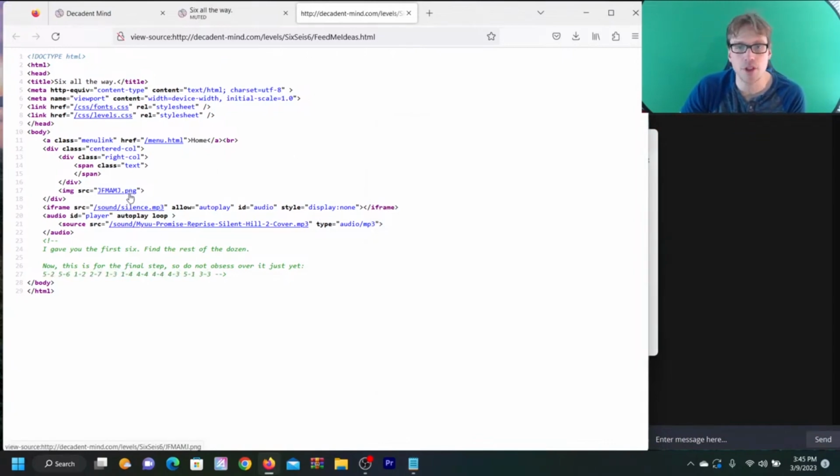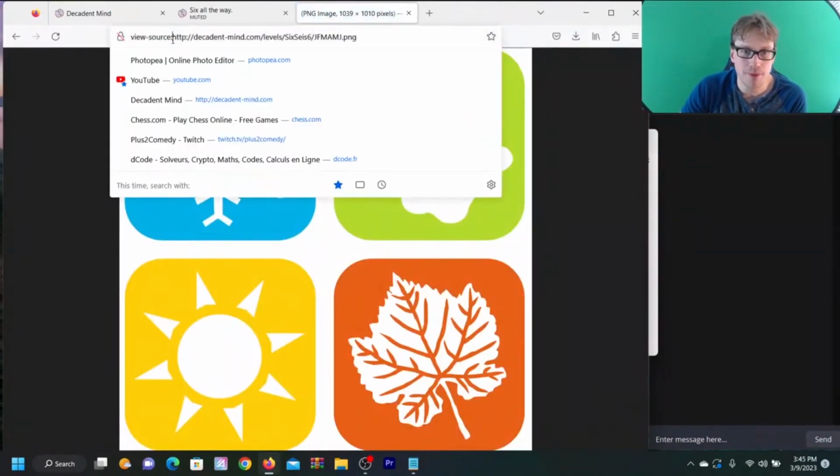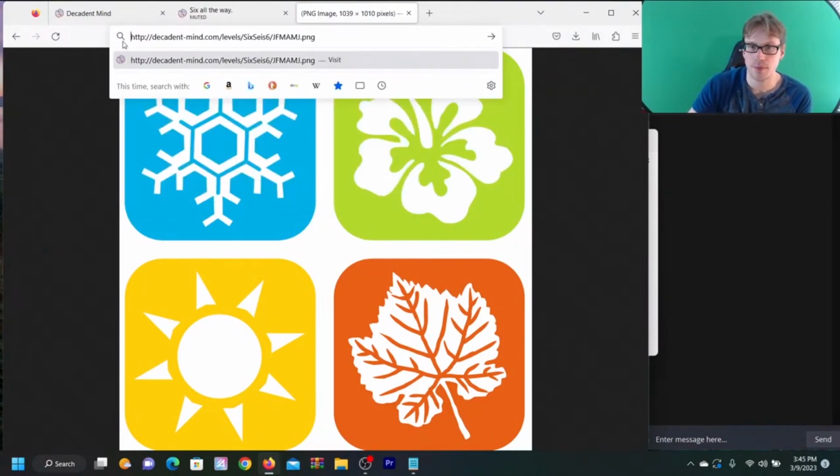So after a lot of time I discovered these stood for the months. January, February, March, April, May, June. So then I want to go July, August, September, October, November, December.